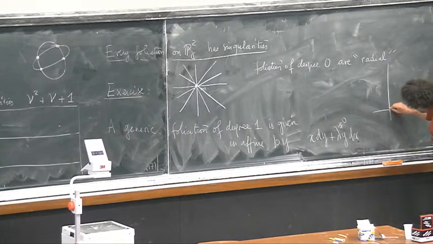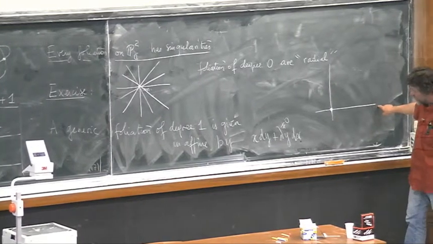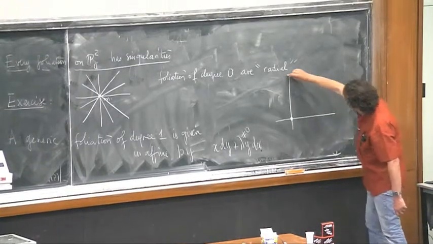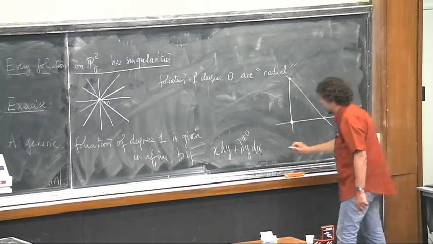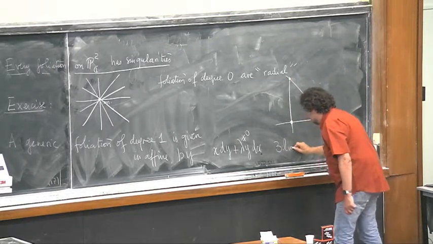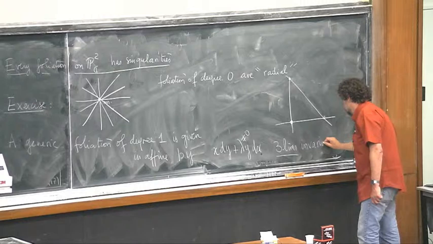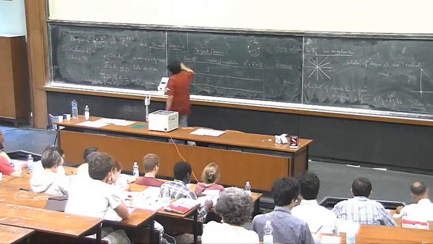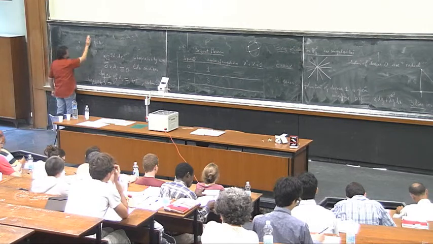Recall that you have a singular point, two special leaves, which are the axes. And there is also the line at infinity. So in this case, you have three invariant lines. So for the generic case, there are three algebraic curves, which are, if you want, leaves.